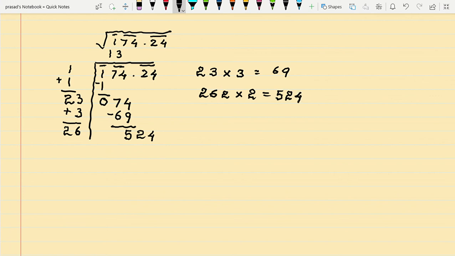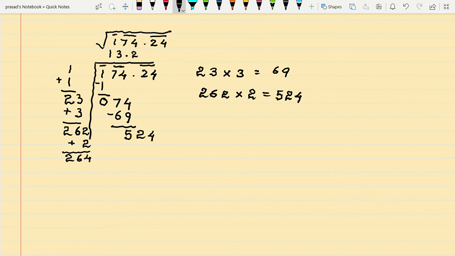And after 74 there is a decimal point, so put a decimal point here. So the next quotient is 2. So divisor is 262. Add the quotient 2 here. So that will give you 264 here.